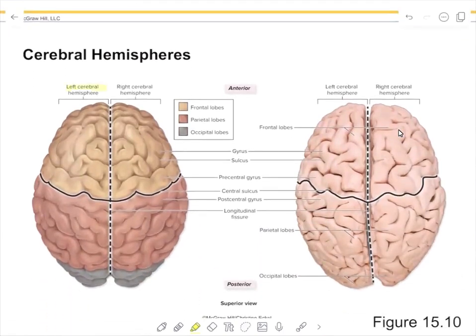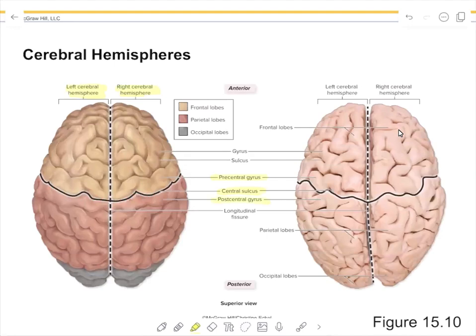We can see the left cerebral hemisphere and the right cerebral hemisphere. You can see the central sulcus, which was shown earlier on an image. So it's this particular line. Then there are various gyri. Just in front of the central sulcus is an important gyrus called the precentral gyrus.